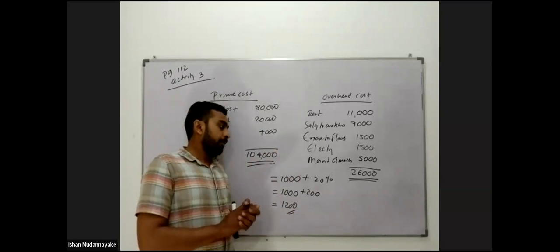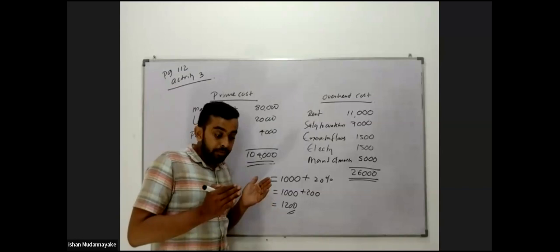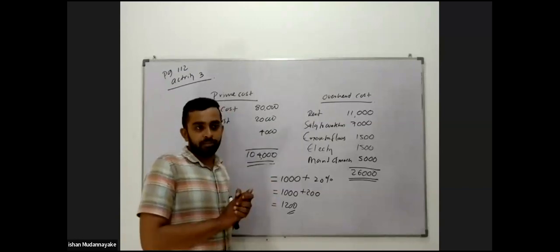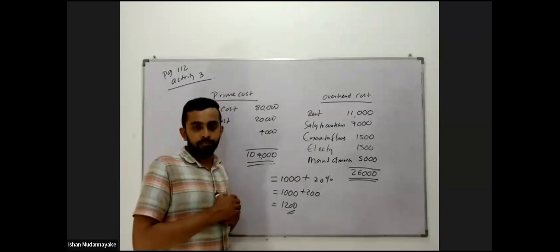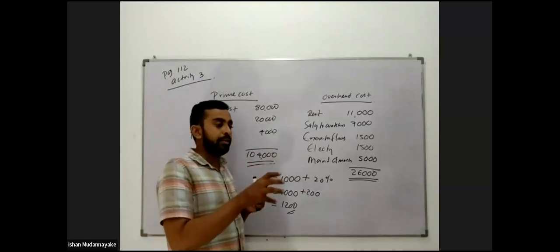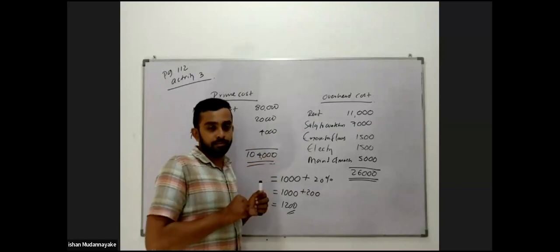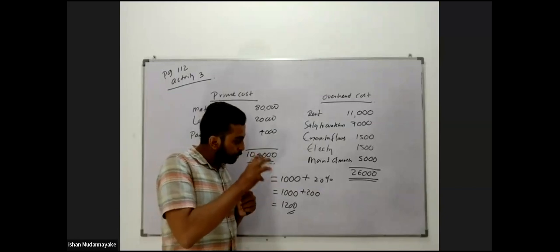But there are some business organizations that decide the selling price of the product by considering various factors, not only cost. If the manufactured product is new to the market, then they can add a profit percentage to the cost.